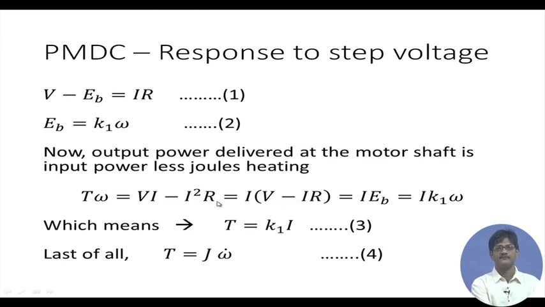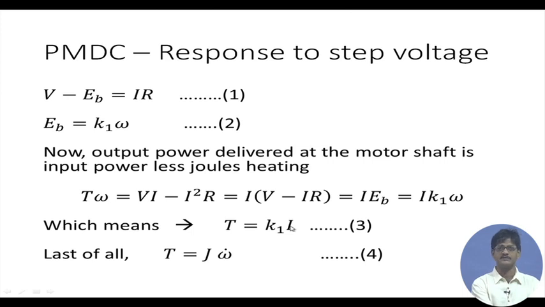We have V minus IR within brackets, and V minus IR I already know is equal to back EMF, and therefore I write current into back EMF, and back EMF can be replaced by k1 omega from equation number 2. So I can write I into k1 into omega. So omega cancels out and we get T, torque, is proportional to the current.